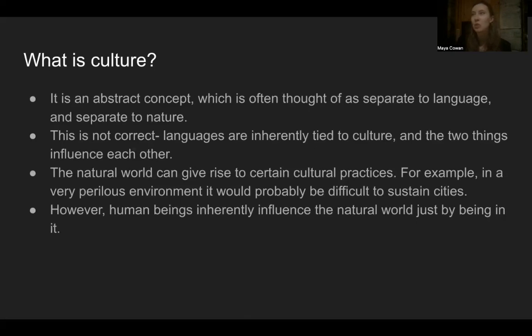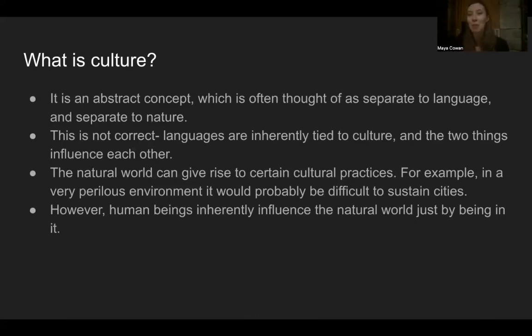So it is true that the natural world will influence the way that people practice their culture and will certainly give rise to or even limit the ways that people can practice their culture. So if you are talking about a group that lives in the far, far north of the world, their culture inherently will have to be done a little bit differently than the people who live in the far, far, well, actually, now that I think about it, far north and far south are not that different. So far north, and let's call it the equator.